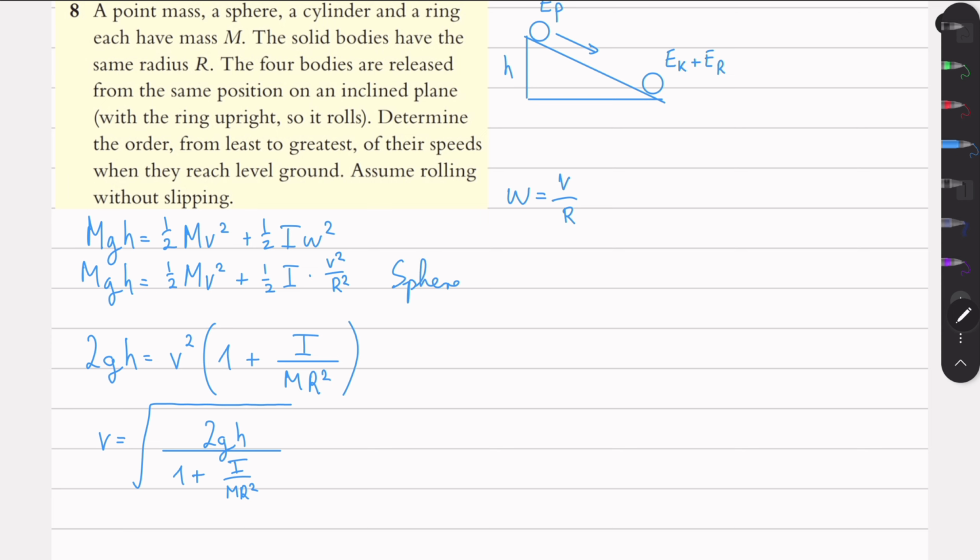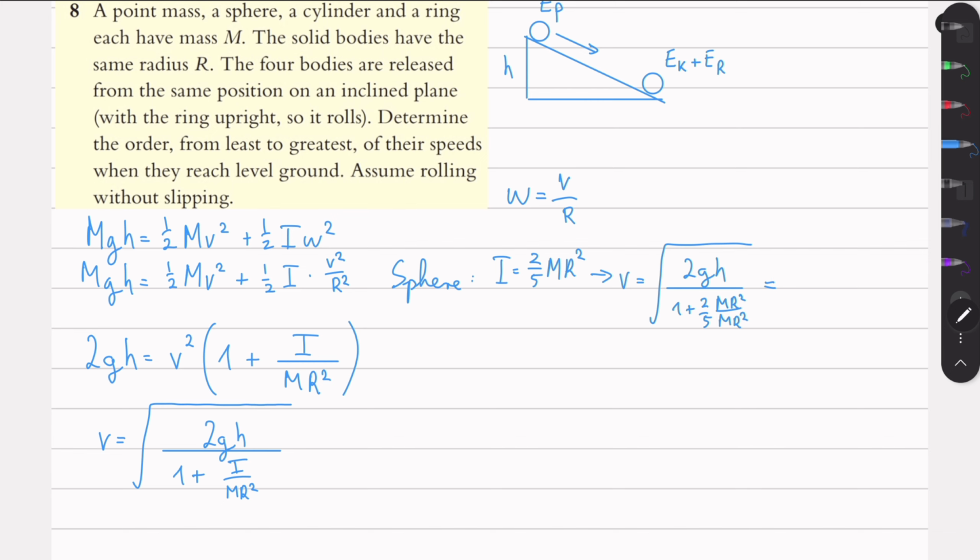For a sphere, we can say that the moment of inertia is equal to 2/5 mr squared. So what we can do is plug that into this moment of inertia here. We will find that the speed is simply root 2gh divided by 1 plus 2/5 mr squared over mr squared.